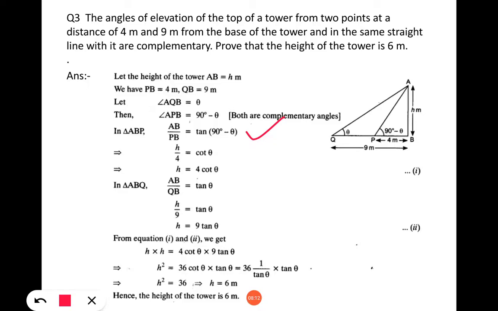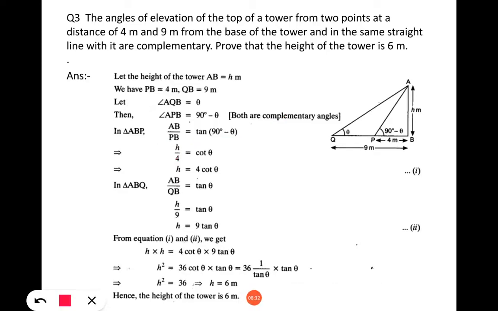So here the given angle is 90 degree minus theta. On substituting the values, AB is h, PB is 4, and tan 90 degree minus theta is cot theta. So from here the value of h is 4 cot theta. Let it be equation number 1.